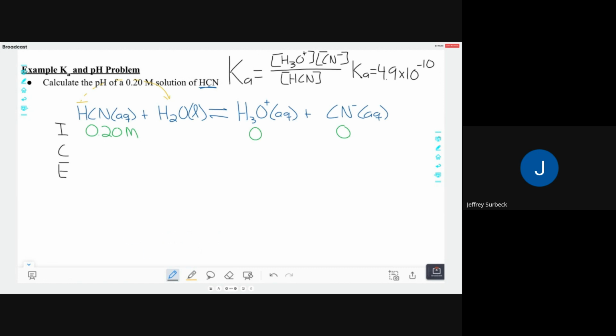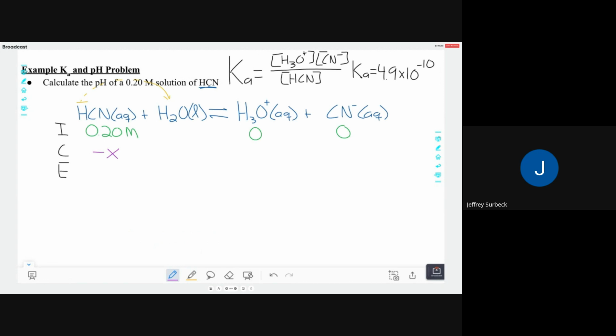Now, let's think about this. We have to figure out the change. We don't know it. In math class, what do we do if we don't know? Yeah, we go ahead and say x. Well, if we start out with something, we have to subtract that x. Okay, if we start with 0, we have to add something.